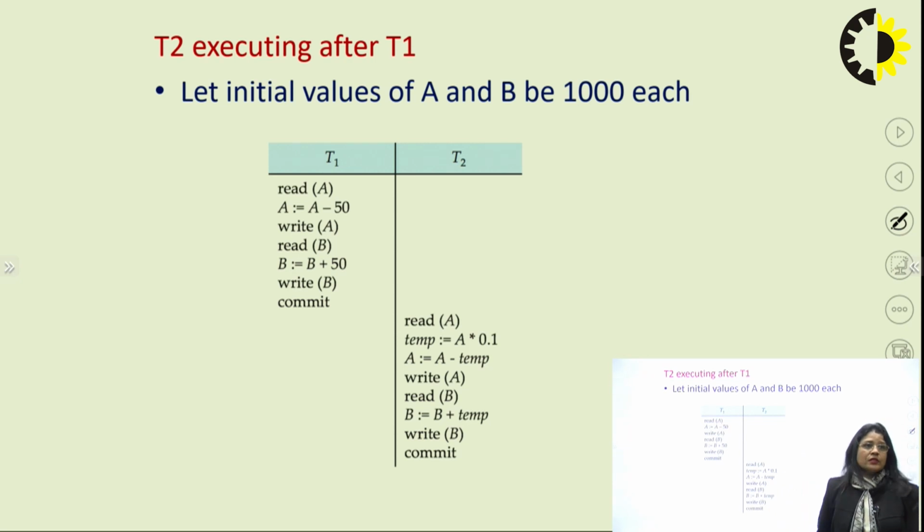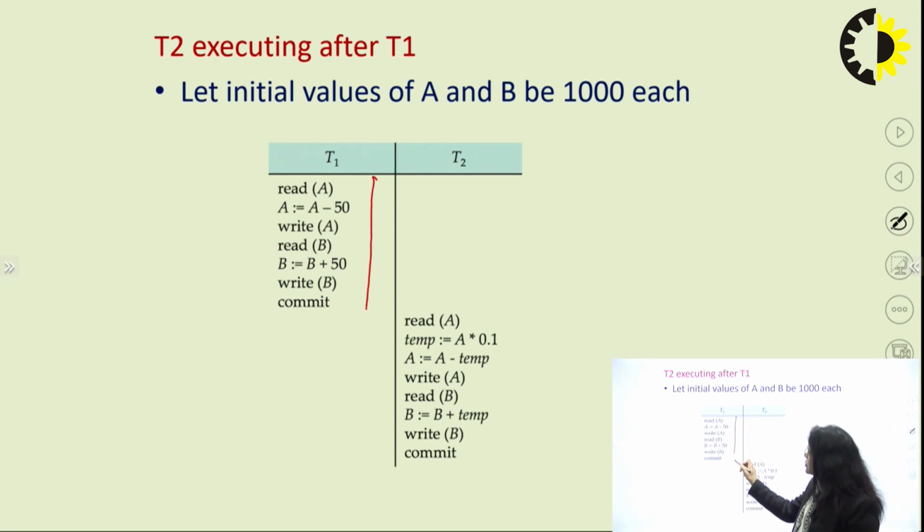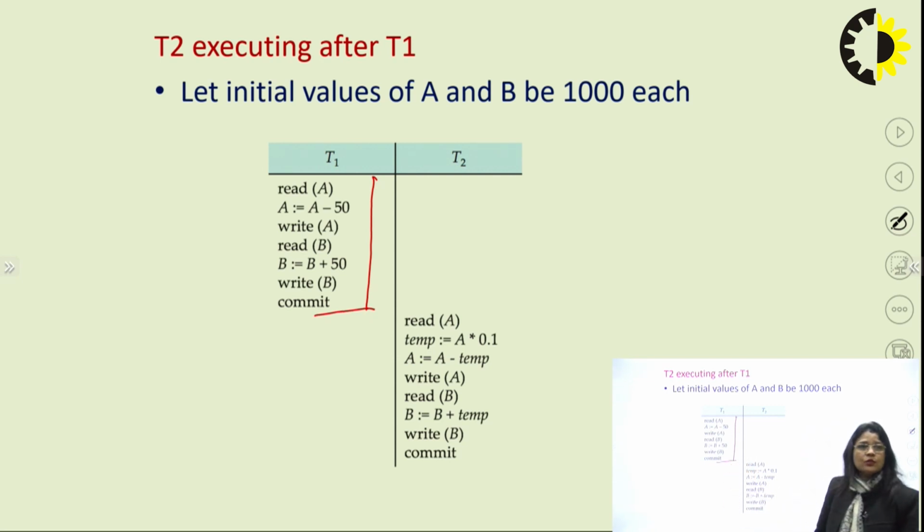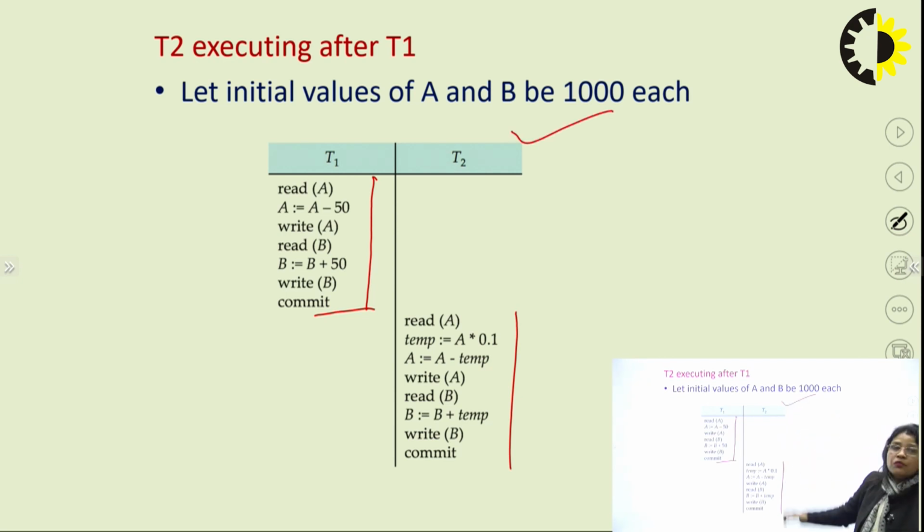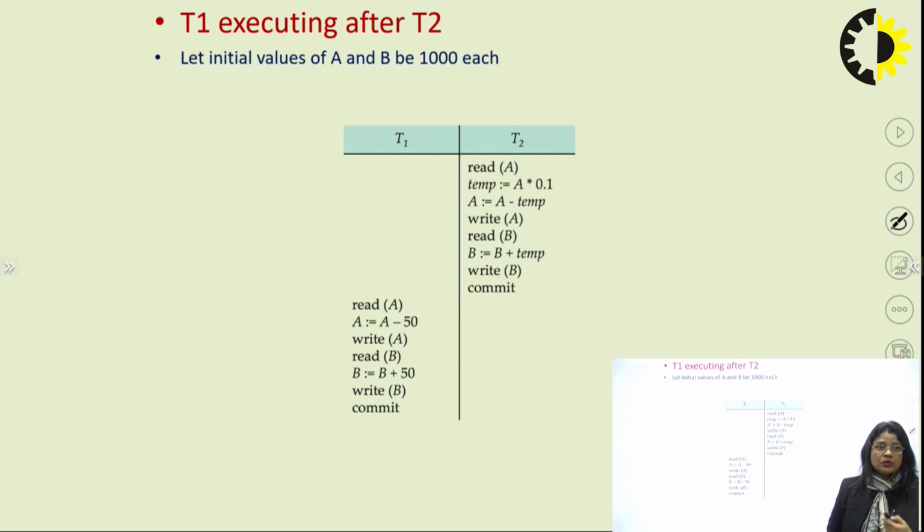The first example is T2 executing after T1. All the instructions of T1 will be executed, and after that, all the instructions of T2 will be executed. This is serial execution of transactions, and we say it is a serial schedule. Now, another possibility: T1 executing after T2.